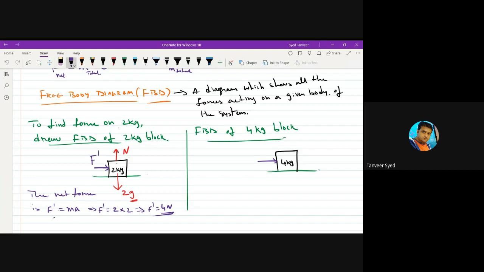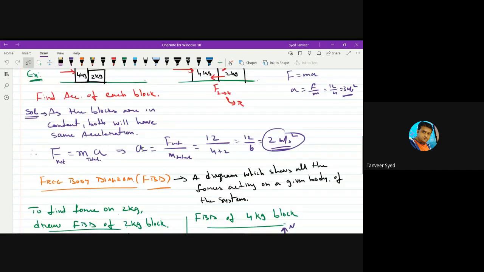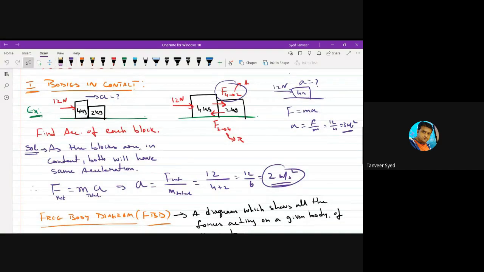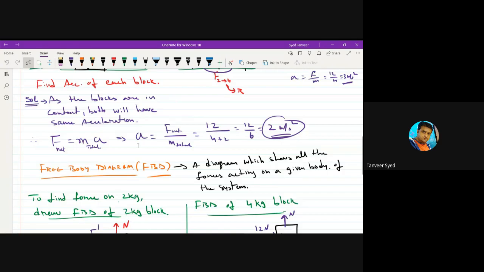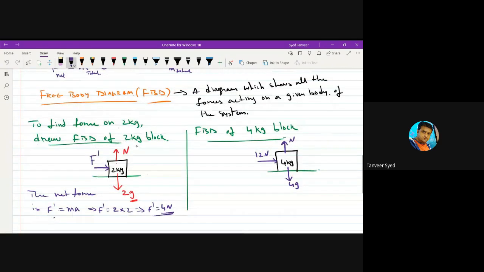What is this applied force? 12 Newton is acting on it. Weight 4g is acting vertically downward. Normal reaction due to the surface is acting vertically upward. And there is also this normal reaction on 4 kg due to 2 kg. If 4 kg is pushing 2 kg, 2 kg will also push 4 kg. How much is this? This is F dash, what we found here.